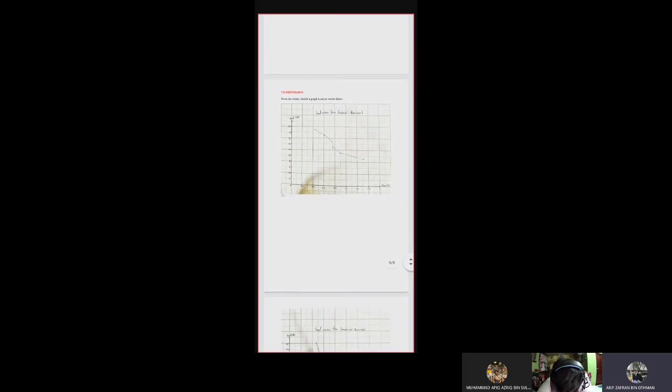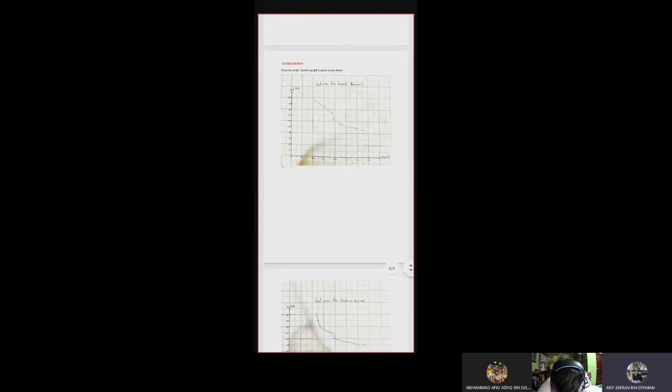You can see the data from the load for the aluminium material. And the second, we got a bronze material. And then the discussion from the result, sketch a graph of load versus time. So we can see load versus time with the aluminium material and bronze material.